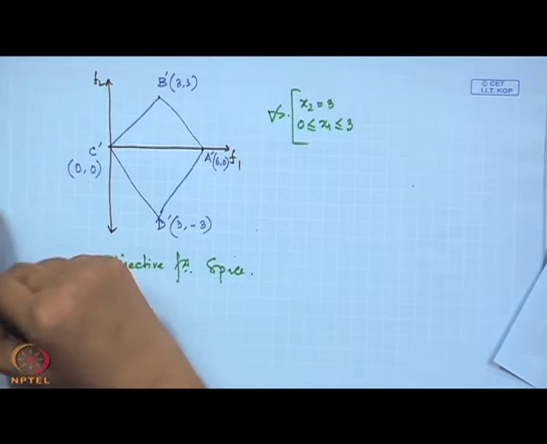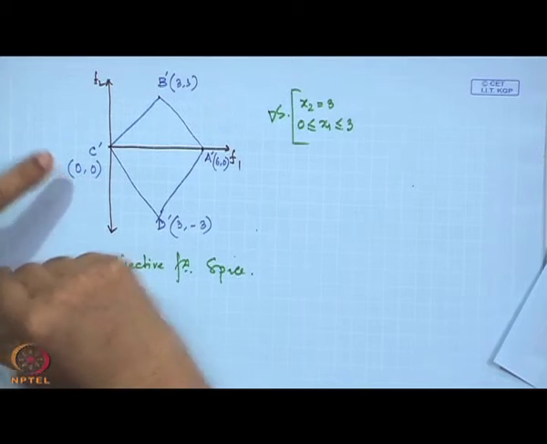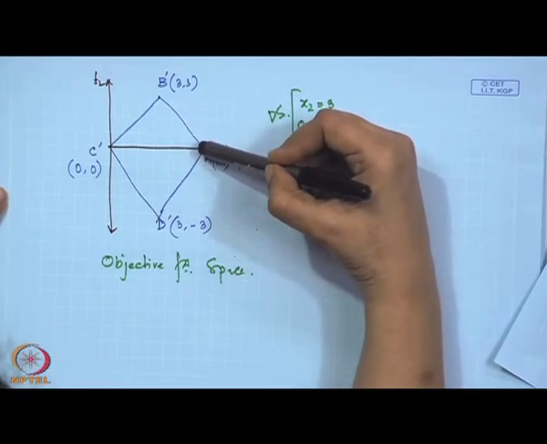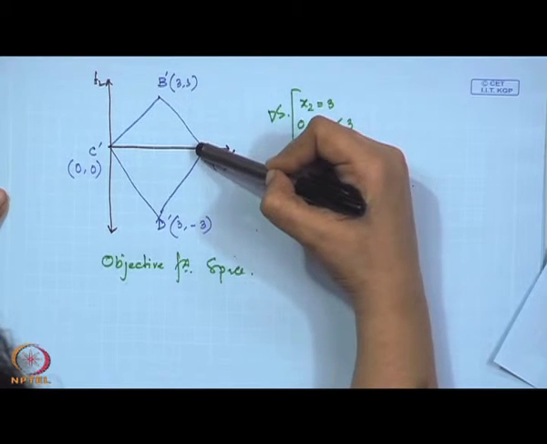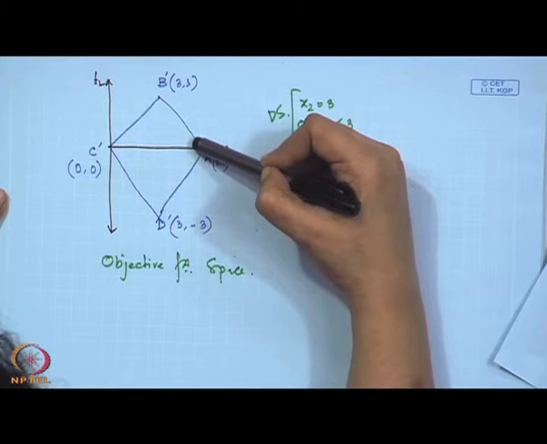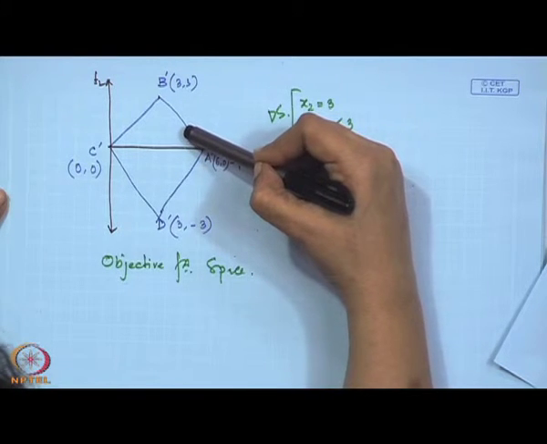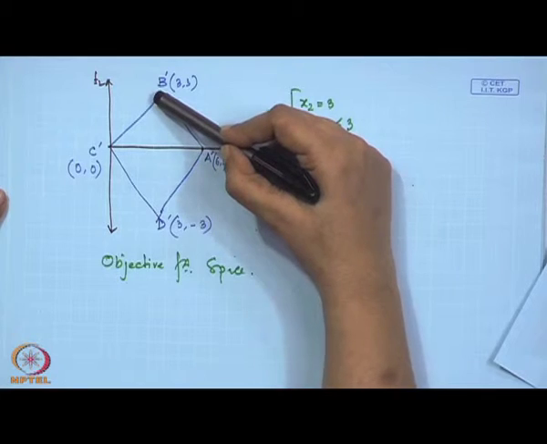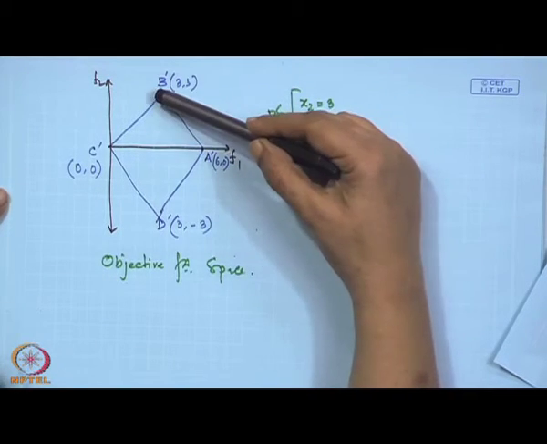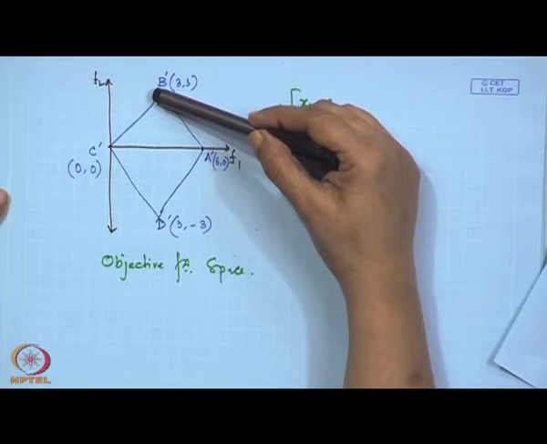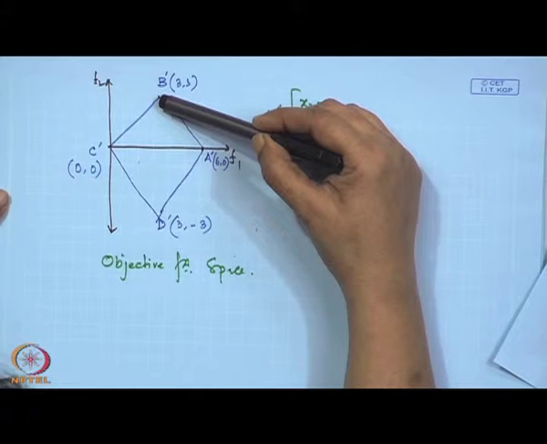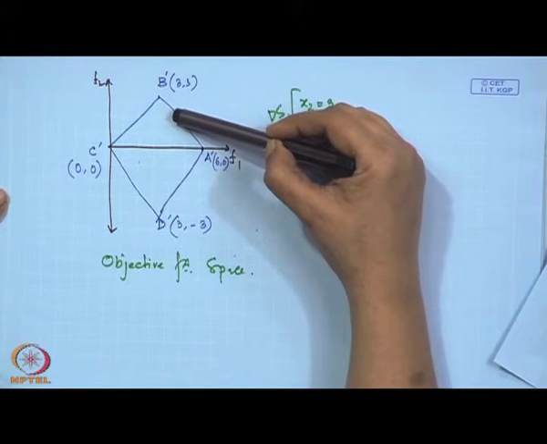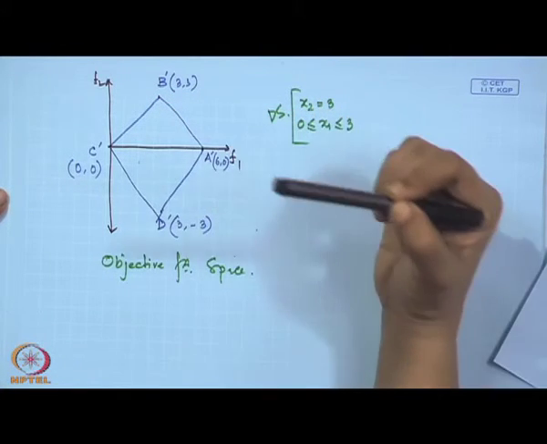Both objective functions are being maximized. If I move from point A prime to B prime, you will see F1 is maximum here. As I go along this line, the F1 value is decreasing, but at the same time the F2 value is increasing. Similarly, if I come from B prime, where F2 is maximum, toward here, we will see that one of them decreases while the other increases.